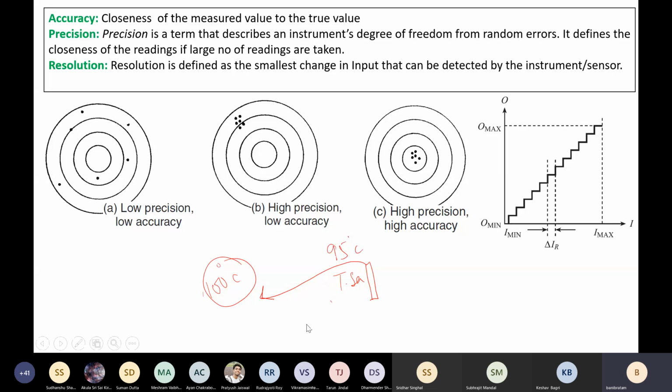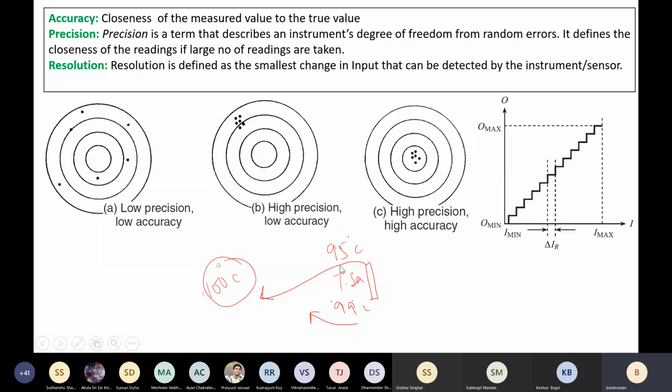Then you take another sensor, and suppose it shows 99° centigrade. You can see that this second sensor output is closer to the true value. That's why we can say that the accuracy of the second sensor is better than the first sensor.